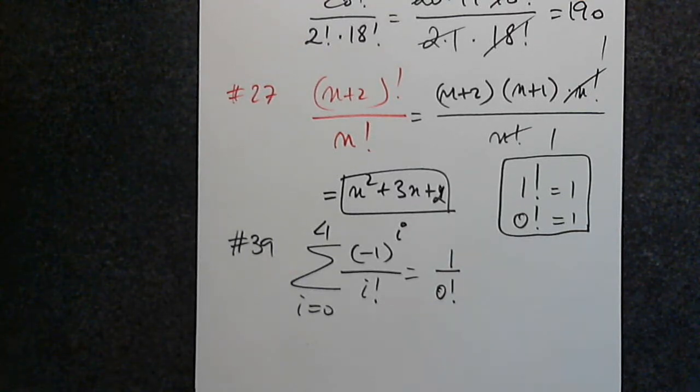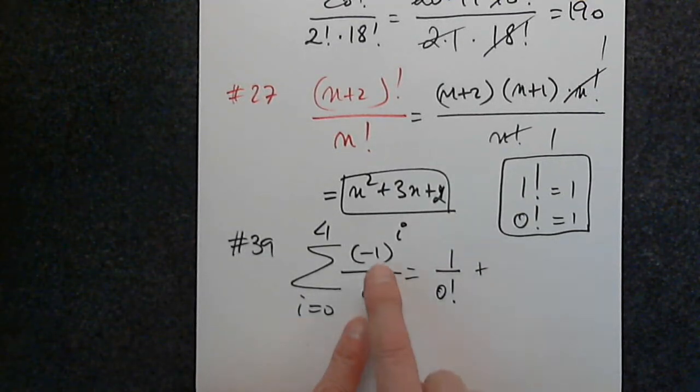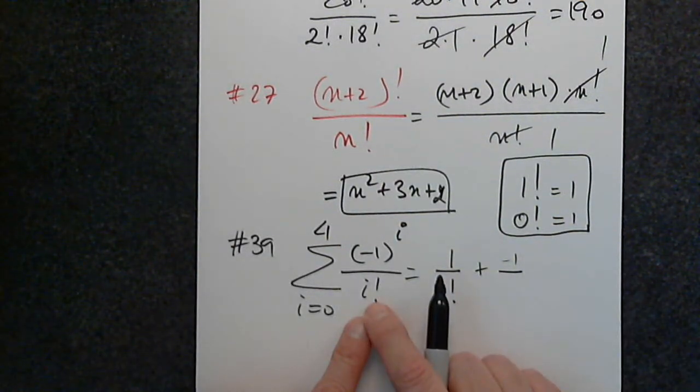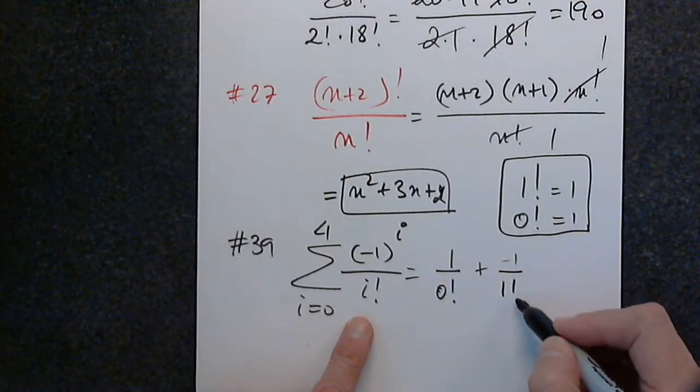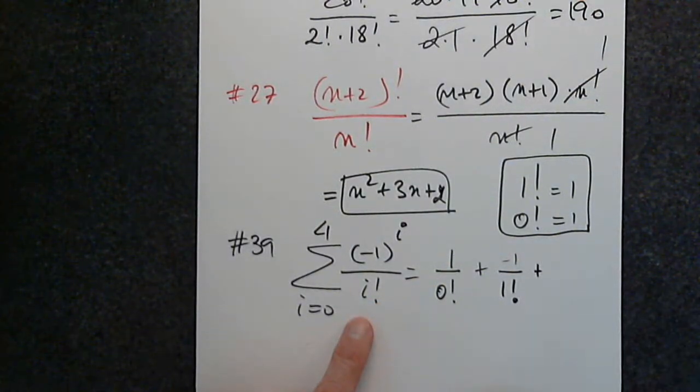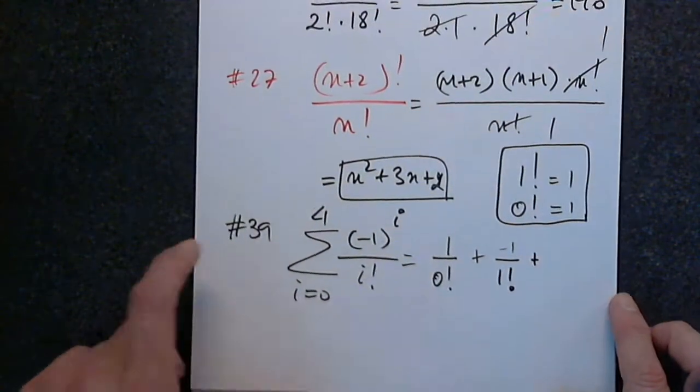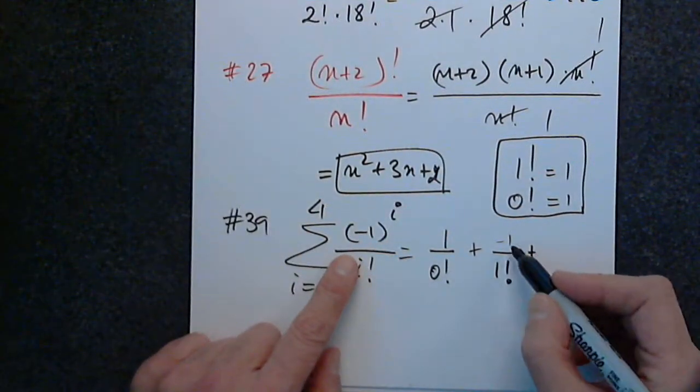Okay, so this was the first term, plus. When i is 1, what do we have? -1 to the first power divided by 1 factorial, plus. When i is 2, -1 to the second power is?